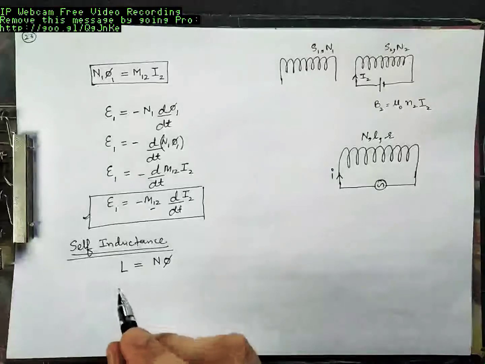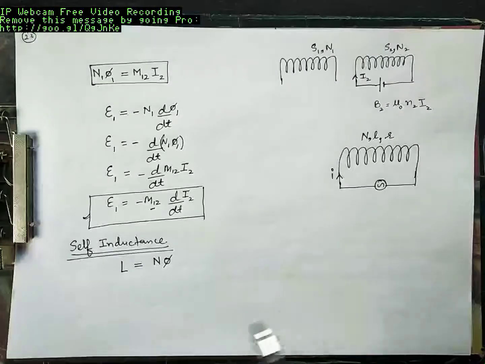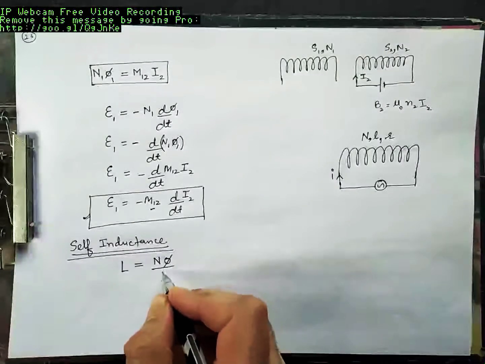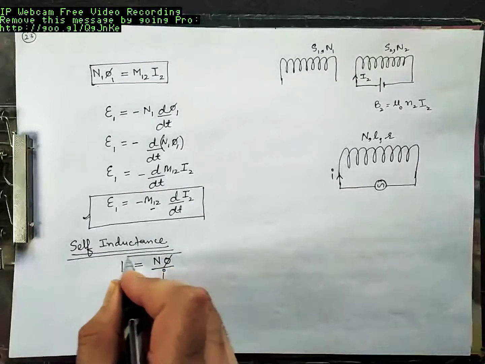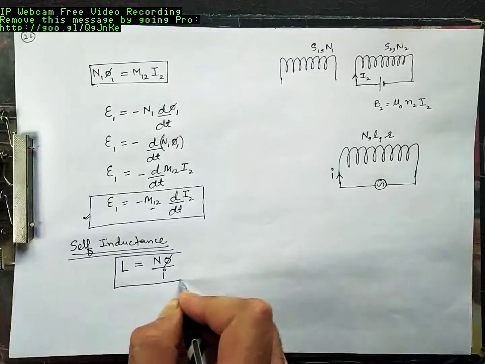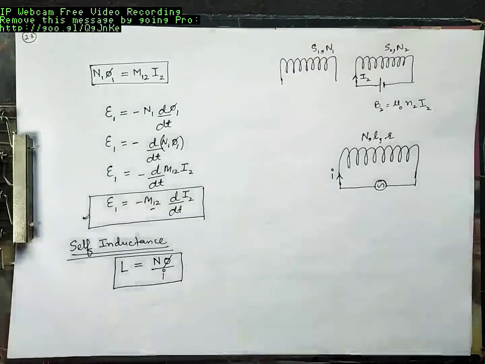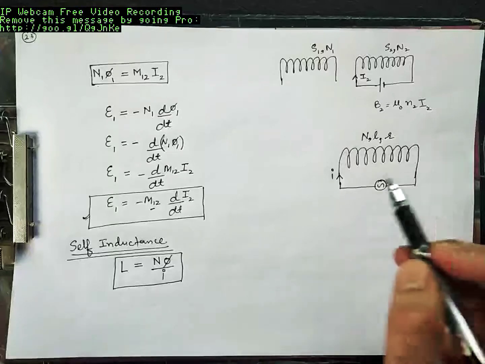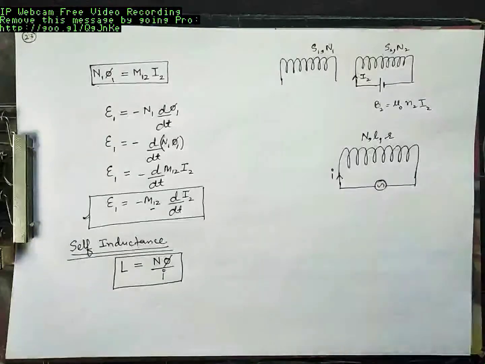We defined inductance as the total flux through the coil, N phi, per unit of current, that is N phi divided by I. Remember this? We defined self-inductance as the total flux through the coil per unit of current.